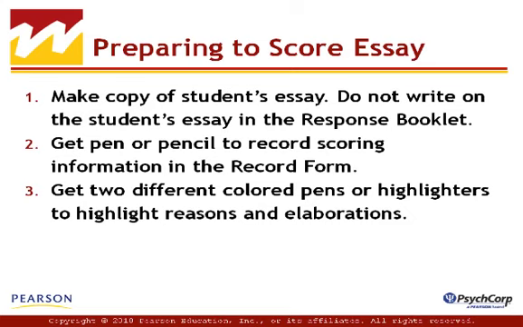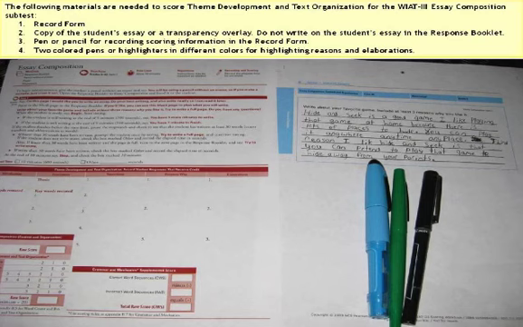You can either make a copy or maybe put it on a transparency, but what we're asking you to do is to use the photocopied page to score the essay, to mark up, and to identify the different components instead of actually writing in the response booklet itself. You'll also need a pen or a pencil to record the scoring information, which you'll record here in the scoring workbook. You also want 2 colored pens or highlighters because you're going to be looking at several different criteria.